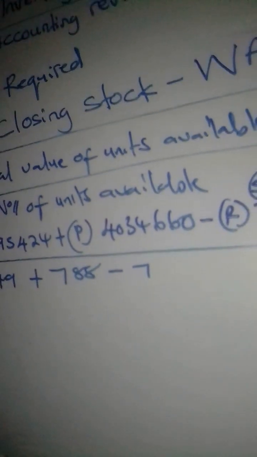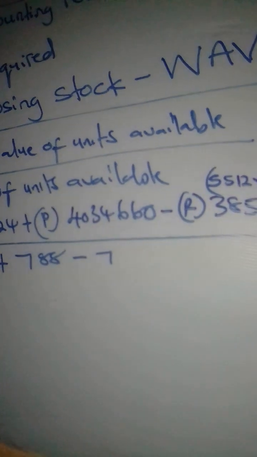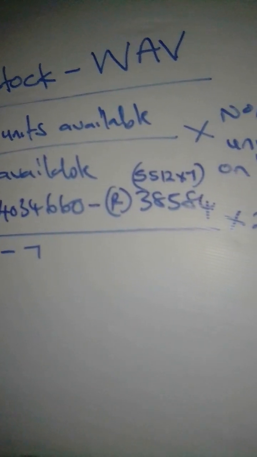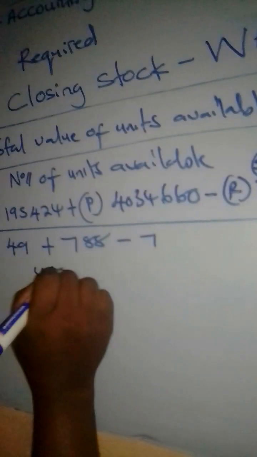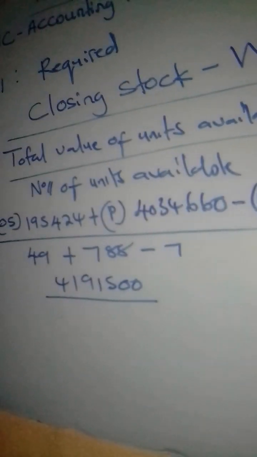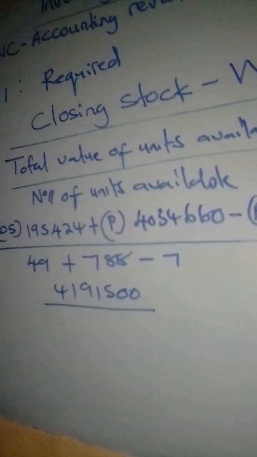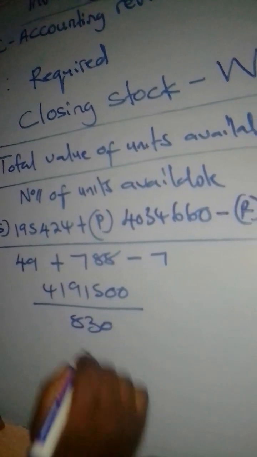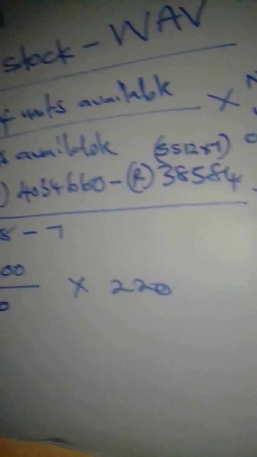Let's solve what is on top and then divide by the number of units. 195,424 plus 4,034,660 minus 38,584 will give us 4,191,500. 4,191,500 divided by how many units? If we say 49 plus 788 minus 7, we remain with 830. Remember, we are going to say times 220.